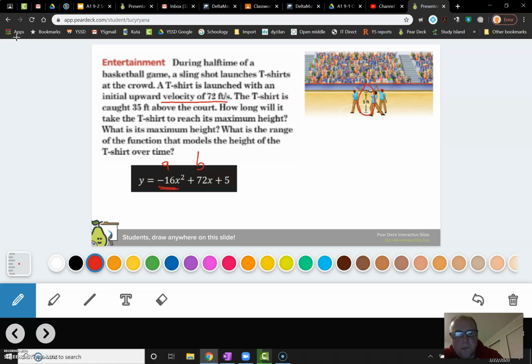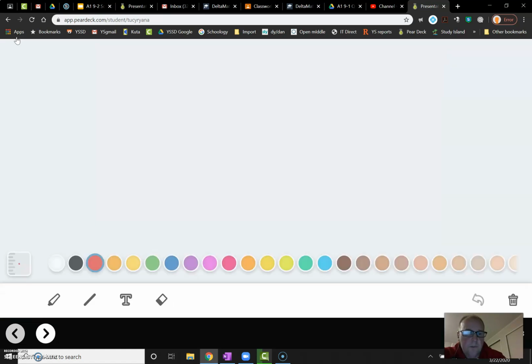But I tell you what we'll do is we'll set up -b over 2a on this slide, and then I have on the next slide some space to finish it out, because we're going to find out it starts off basically the same, except for this is 2.25. So that's going to take a little bit more writing to do that. 2.25, remember that.